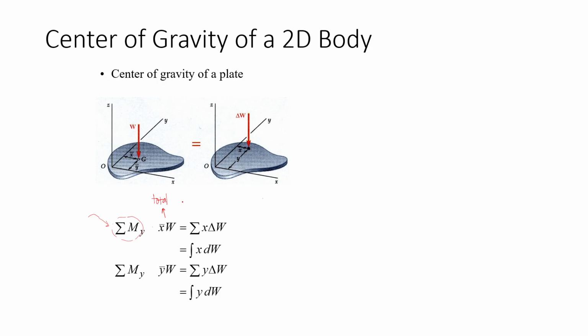Okay. Then the right side equals the summation of x multiplied by delta w, or in integral terms, the integral of x times dw. So on the right-hand side, it's the sum of individual components.